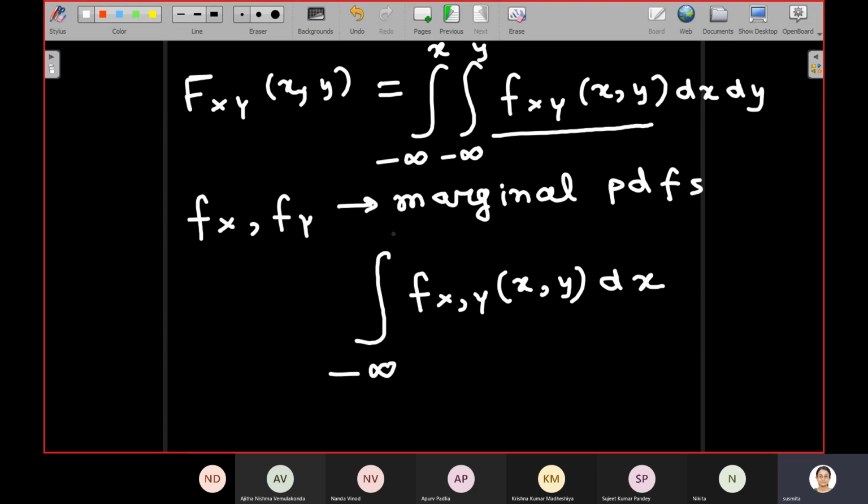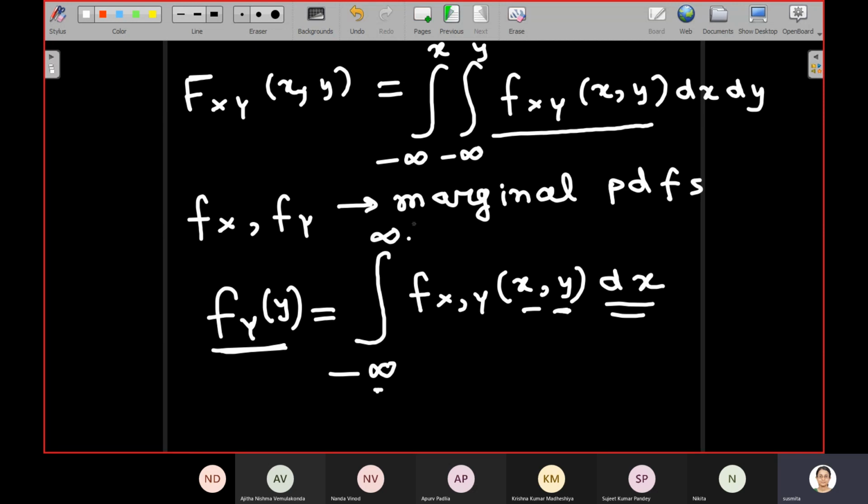If we do this, we are actually eliminating x. We are integrating it from minus infinity to plus infinity, and this will give us the marginal PDF of y. So this becomes a function of y. Similarly, if you integrate with respect to y from minus infinity to plus infinity, you will get the marginal PDF of x.